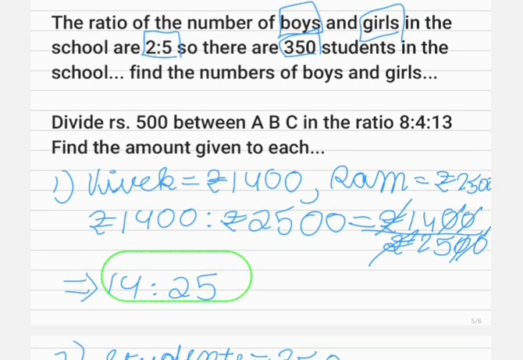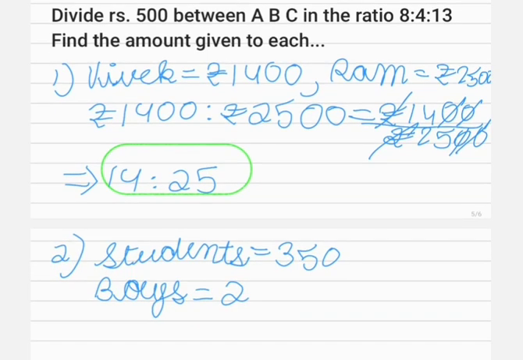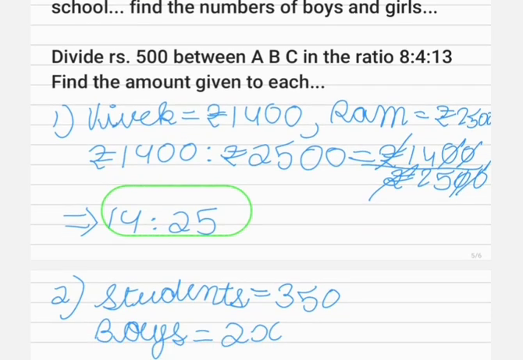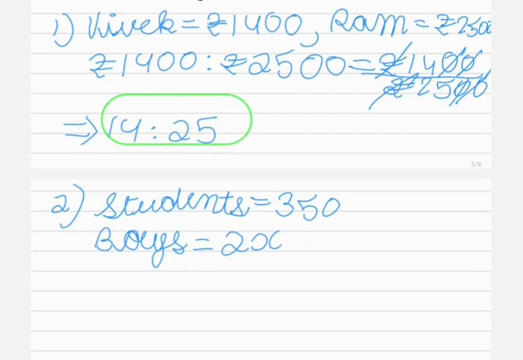So we can write the value of 2 as 2x and the value of 5 as 5x. Because there is not given any value, so we can take it as a variable. So here x is a common factor of 2 and 5 because in proportion we compare. So there is always a common factor which can multiply both the numbers so that they can be in the same ratio. And girls are 5x.